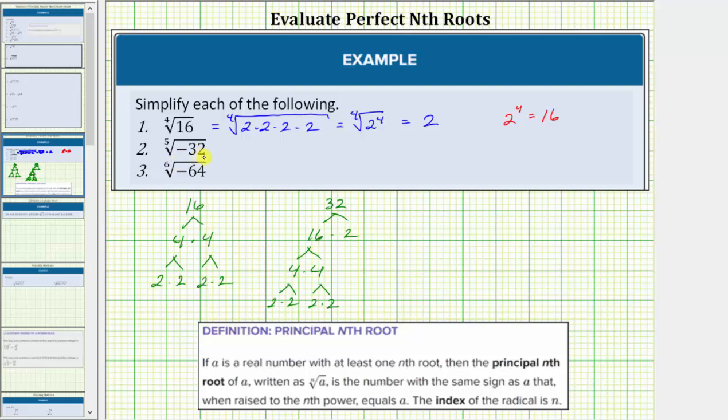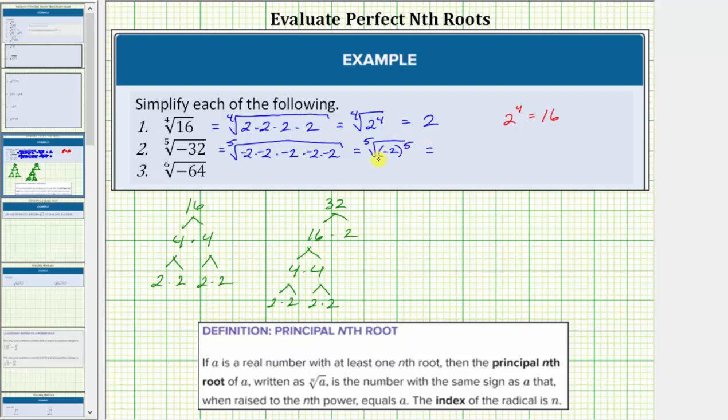But because the product of an odd number of negatives is still negative, we can write negative 32 as 5 factors of negative 2. So the fifth root of negative 32 equals the fifth root of negative 2 times negative 2 times negative 2 times negative 2 times negative 2, which we can also write as the fifth root of negative 2 raised to the fifth power.